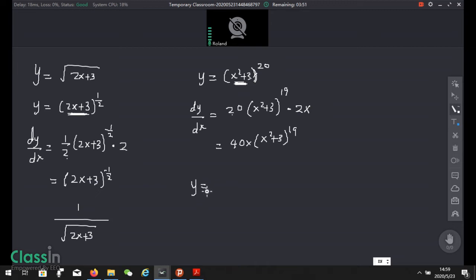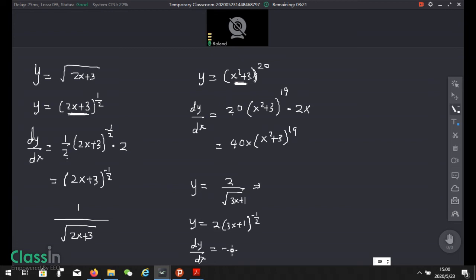Maybe y equals 2 over the square root of 3x plus 1. This is the same as 2 (3x plus 1) to the power negative 1 over 2. So dy/dx will be, we multiply negative 1 over 2 by the coefficient here, by 2.